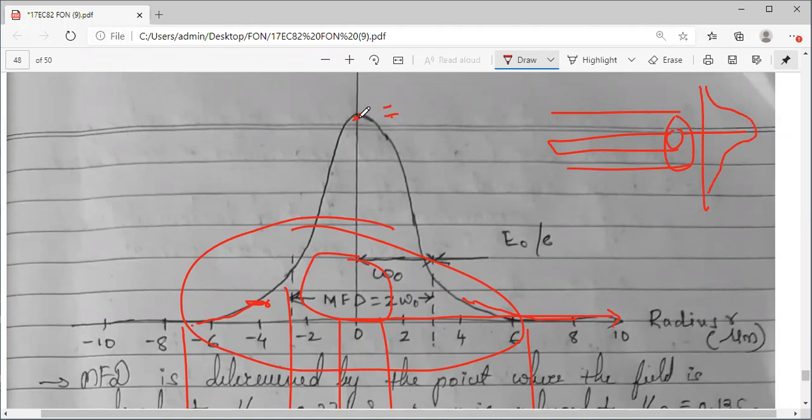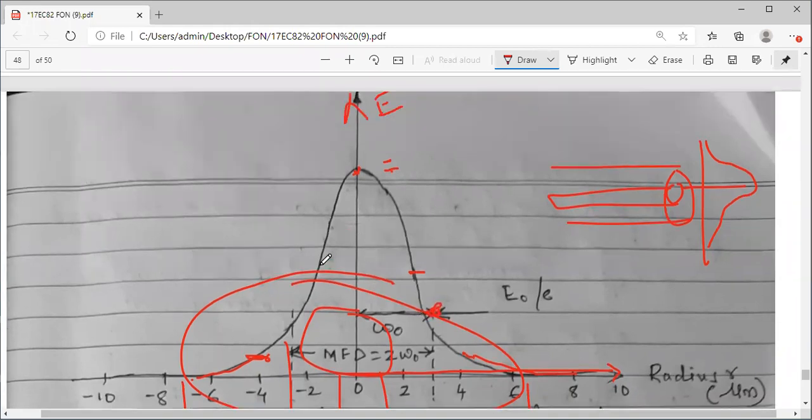So if this is your maximum point, half of this will be somewhere here. So 0.37 will come somewhere here. So you have to consider the distance between the opposite points. Okay, it is symmetric. The left side and the right side are reflections of one another.